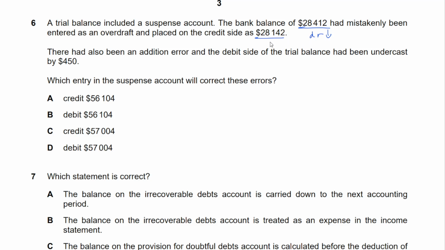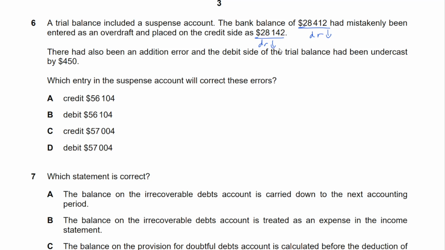This, by putting it on the credit side, will further cause a difference between the debit and credit side, and it will further cause our debit side to go down as compared to the credit side. Now, credit side is getting bigger by that amount, which was not supposed to happen. Well, obviously, if credit side is getting bigger, debit side is getting smaller. I hope that is making sense to you.